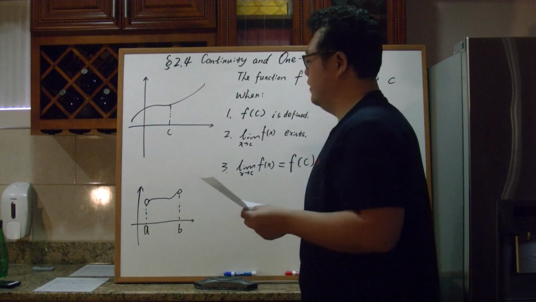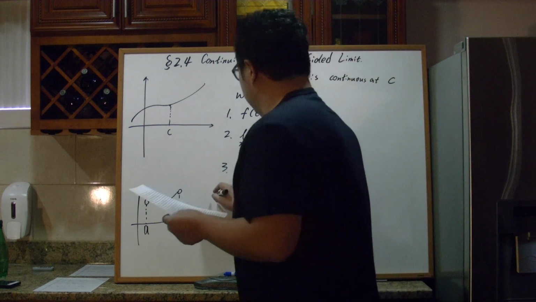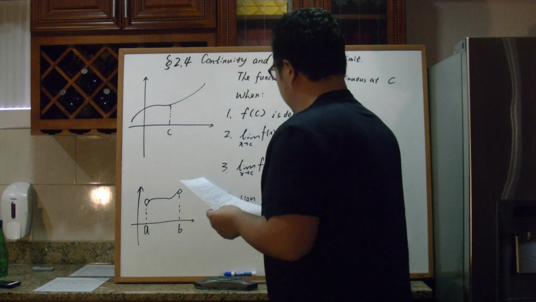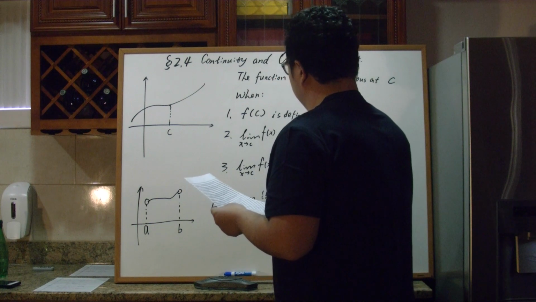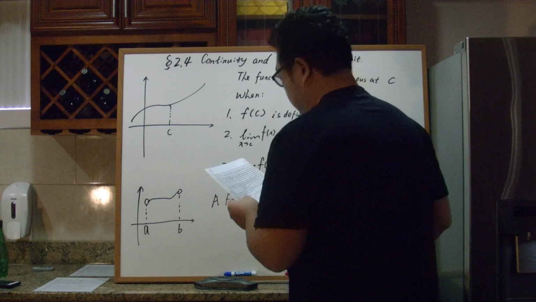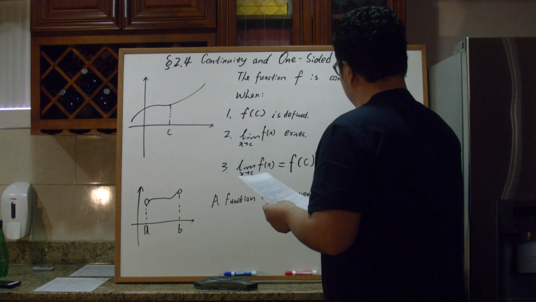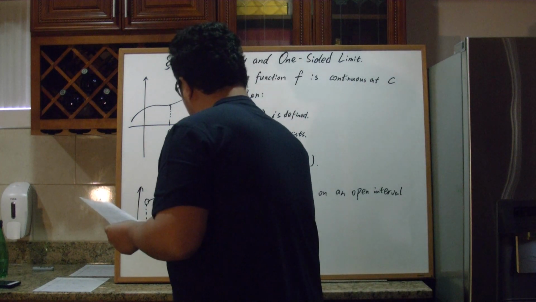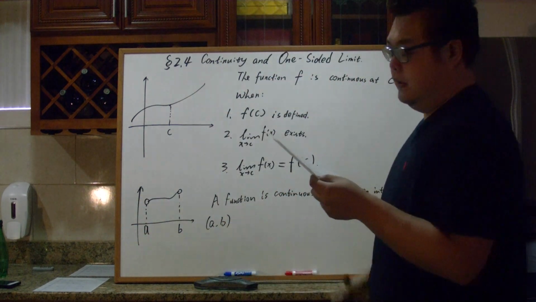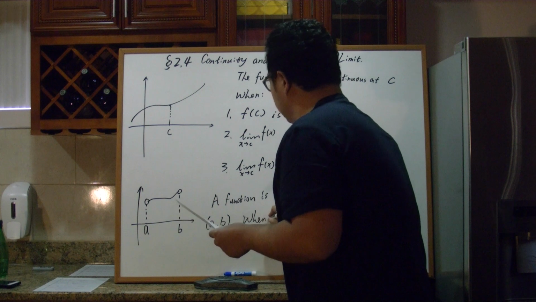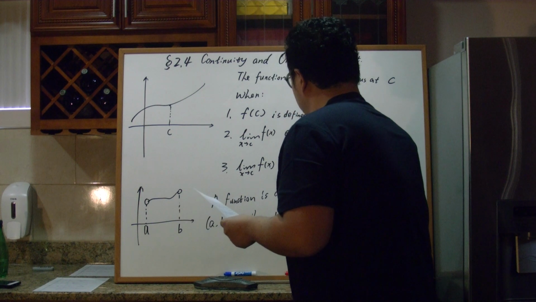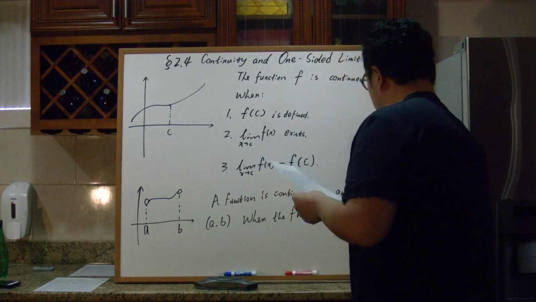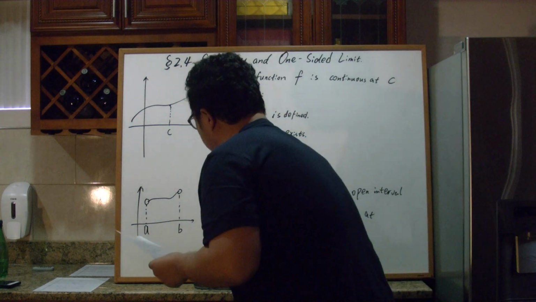Right, let's take an open interval. So the definition: a function is continuous on an open interval from A to B when the function is continuous at each point.